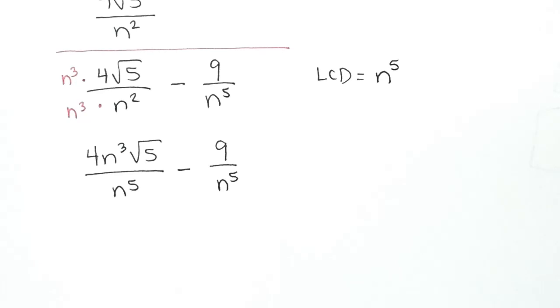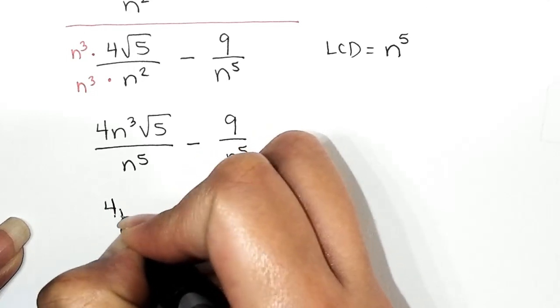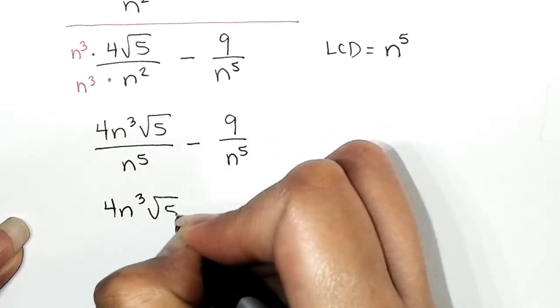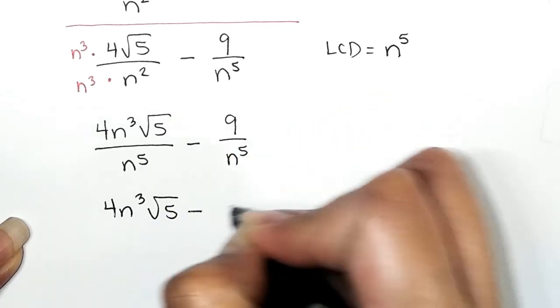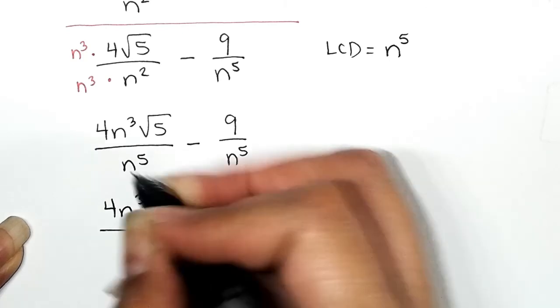To subtract two fractions that have the same denominator, we subtract the numerators and write the difference over the common denominator. So we subtract the numerators: 4 times n cubed times the square root of 5, minus 9.